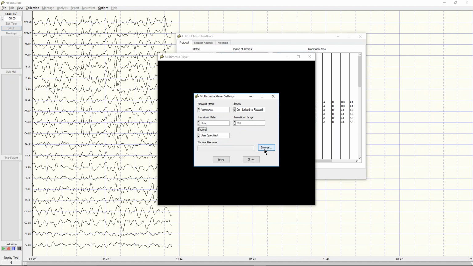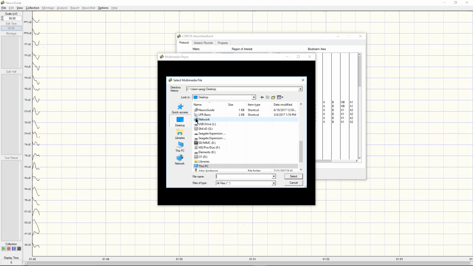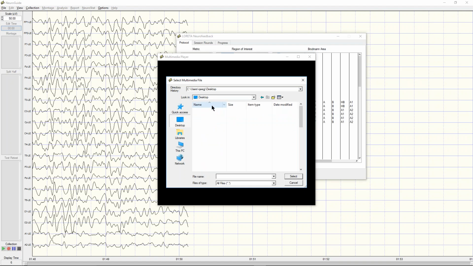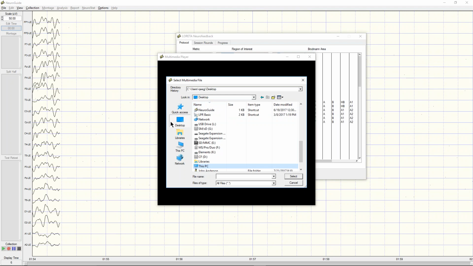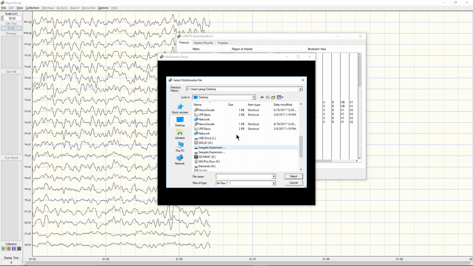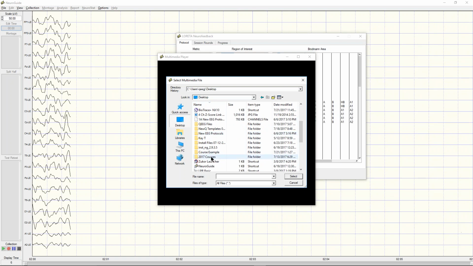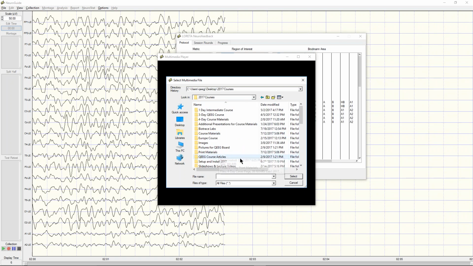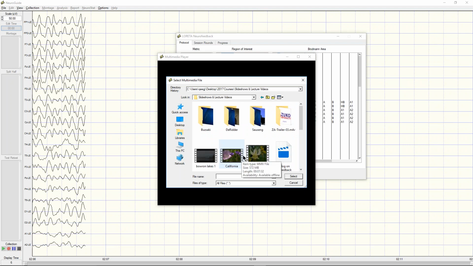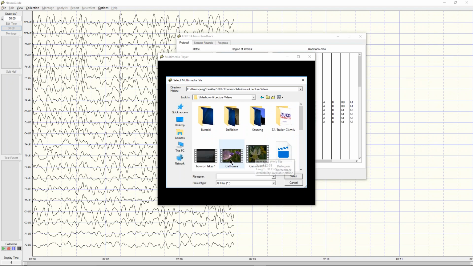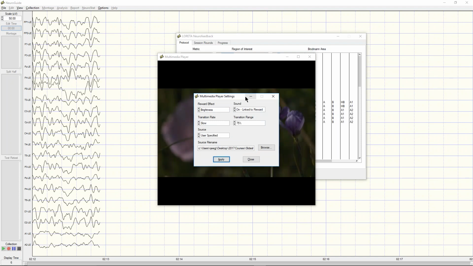We can do a user specified image, for example. And so we can apply that.